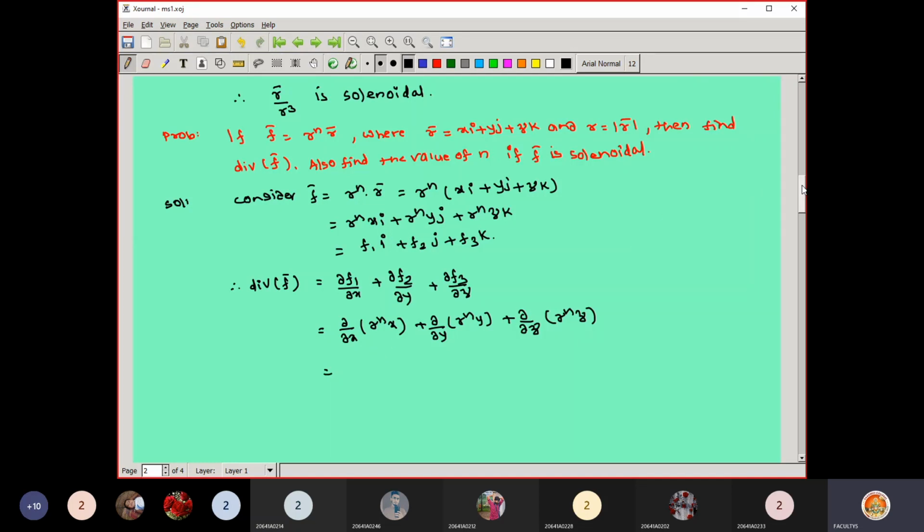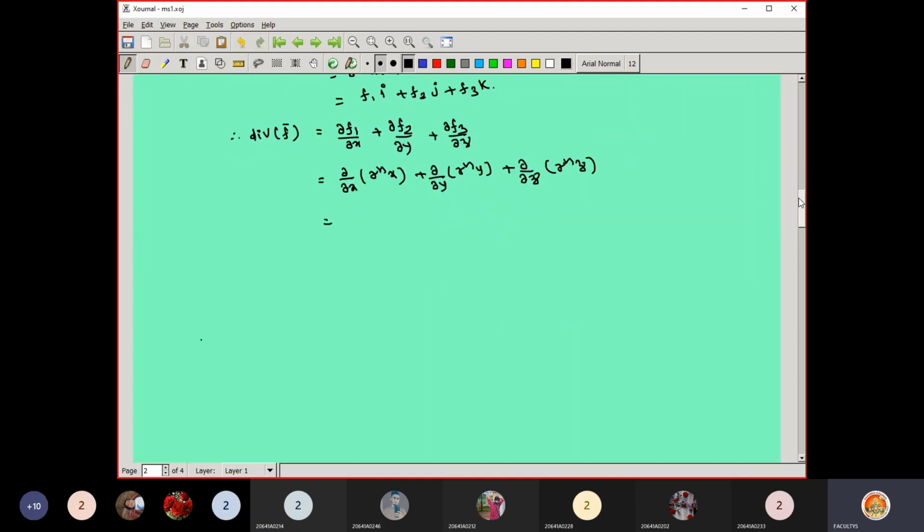Again you are using the UV rule. Because r also involves x, the UV rule means: first, r power n as it is, times the derivative of x, which is 1, plus x as it is times the derivative of r power n, which is n r power n minus 1 into dou r by dou x.